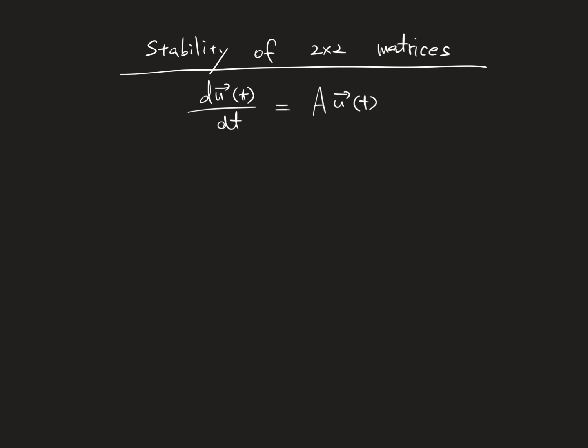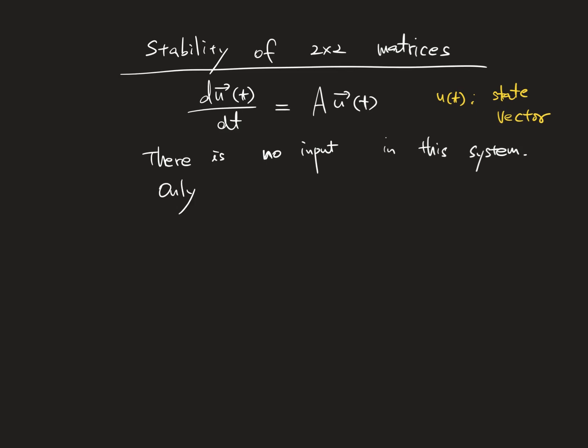Now we will talk about stability of 2x2 matrices. When we have this differential equation, u of t is a state vector, and also there is no input to this system. So the response is only determined by the initial condition.